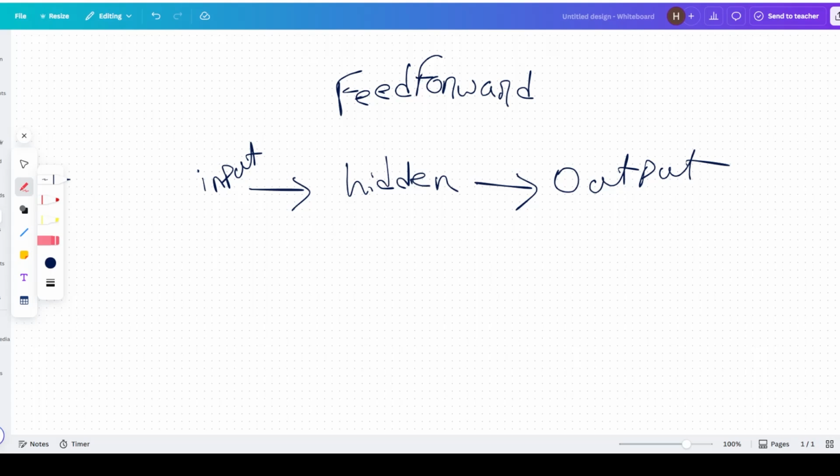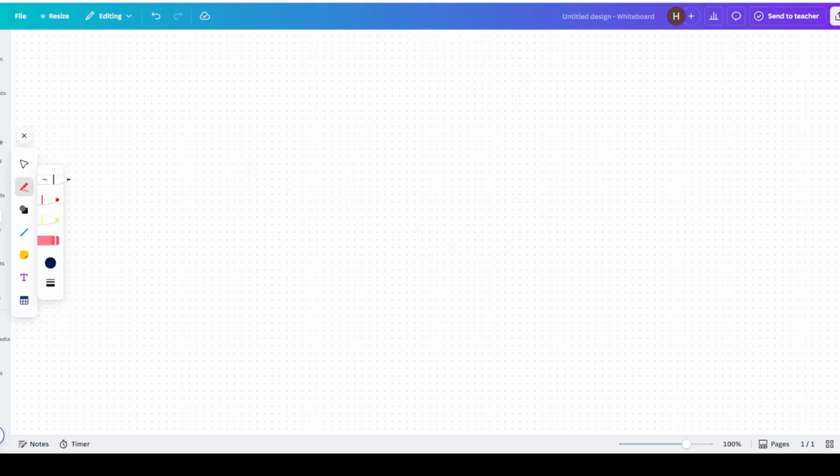We have a hidden layer, the intermediate layer that processes features, and a layer is a collection of neurons that process inputs simultaneously. Okay, so now we are going to cover the forward propagation.